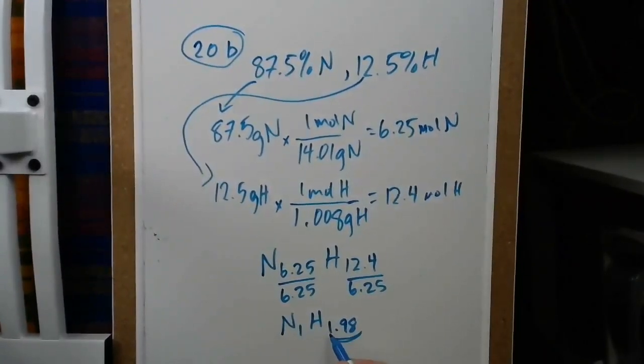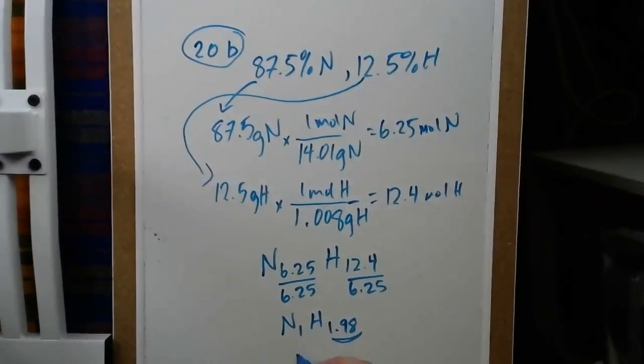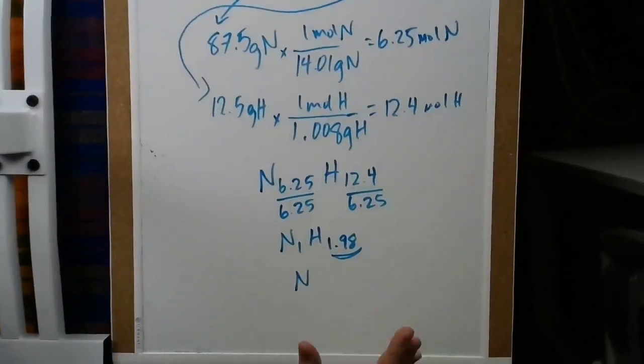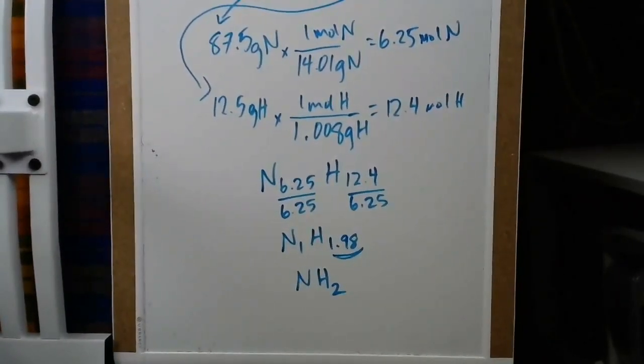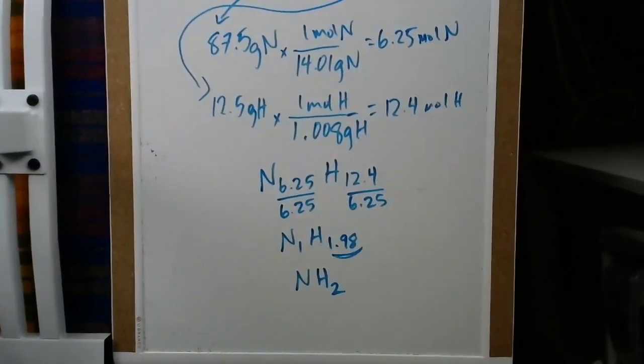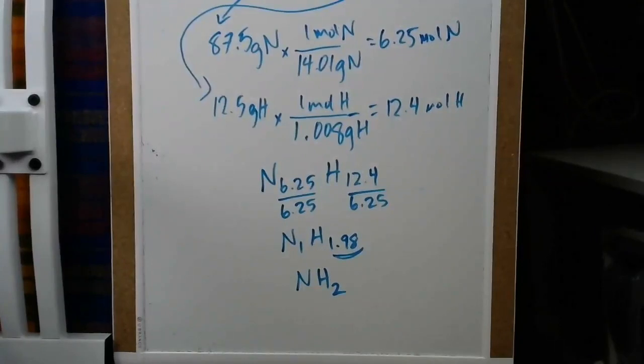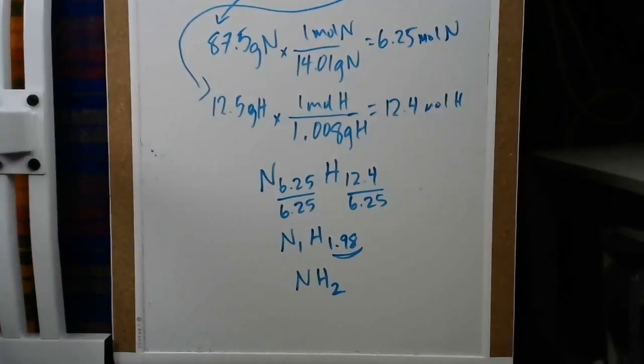It's within 0.1 of a whole number. So you can rewrite this as NH2. All right. If it was 1.88, you could not do that. All right. Let's look at the next one. I don't want to do all of them and leave you with nothing to try on your own.